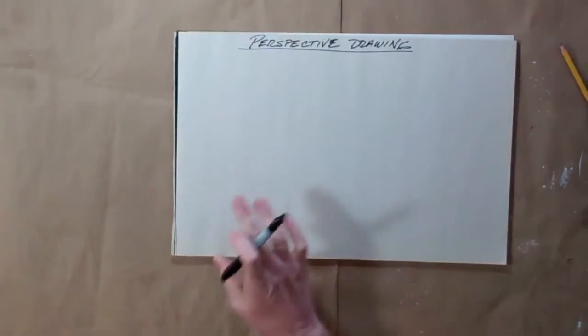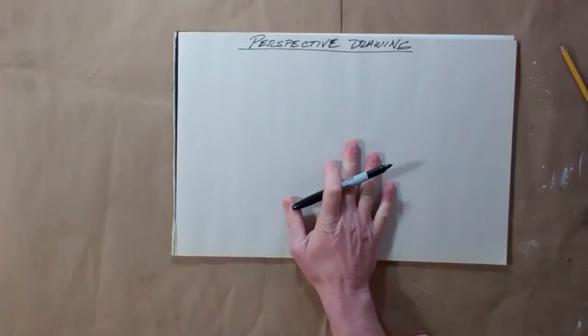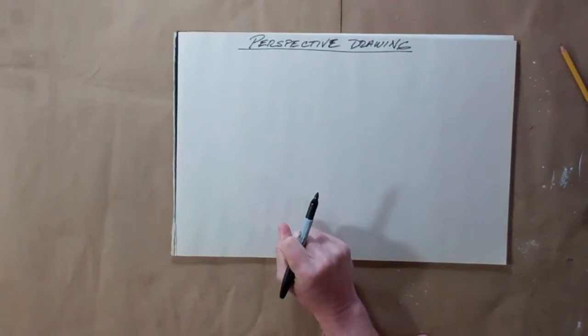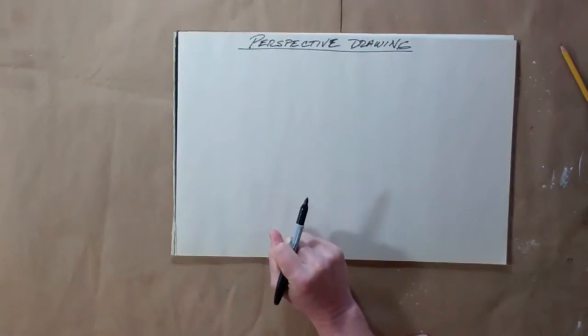I've taught a lot of students to draw, and it's mostly knowledge, accumulation of knowledge. If you know what to do, you can do it. But if you approach a blank piece of paper and you have a project in mind and you don't know where to start, it's pretty difficult.